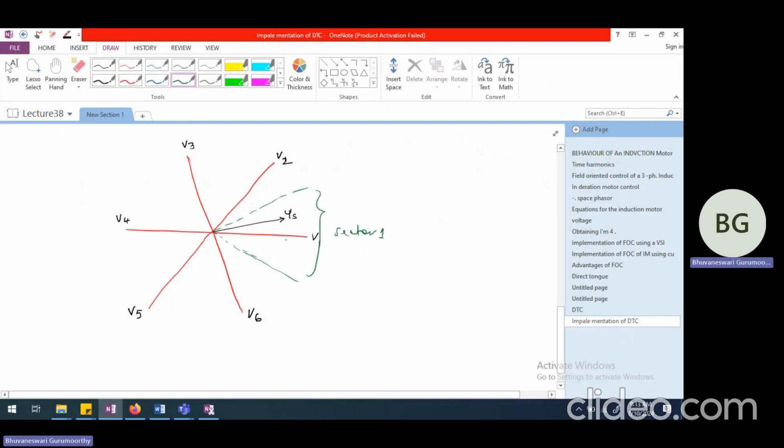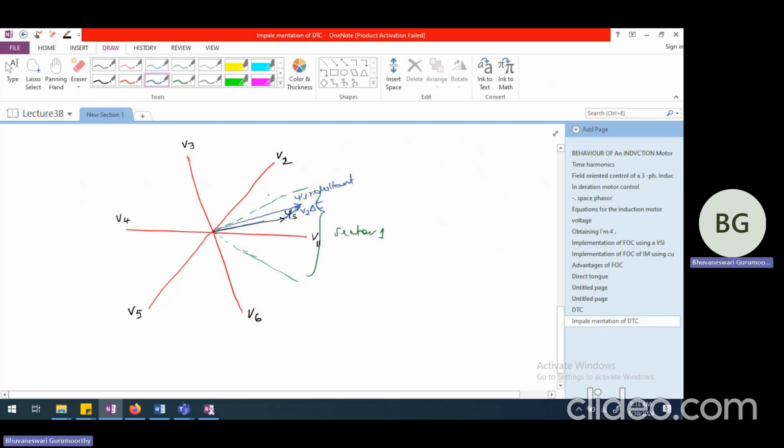So psi s currently is in sector 1. When it is in sector 1, if I apply a voltage corresponding to V2 for a duration of delta t, I will have a voltage vector parallel to V2, something like this. If I call this V2 times delta t, this is going to have a resultant somewhat like this. So this is going to be psi s resultant.